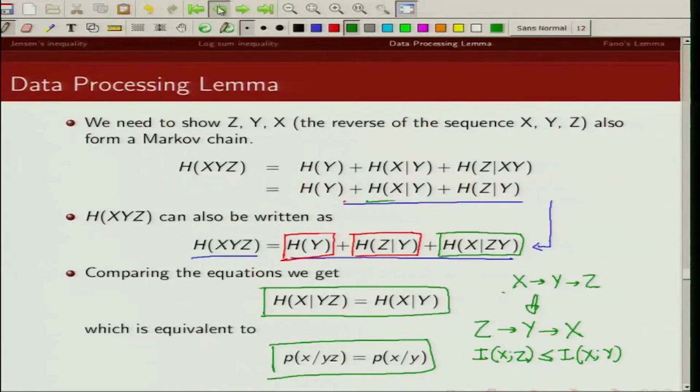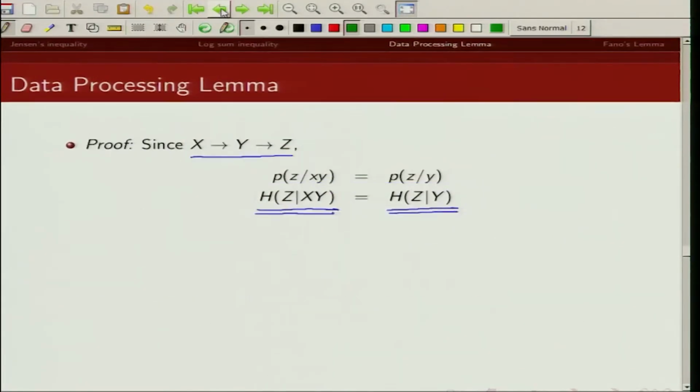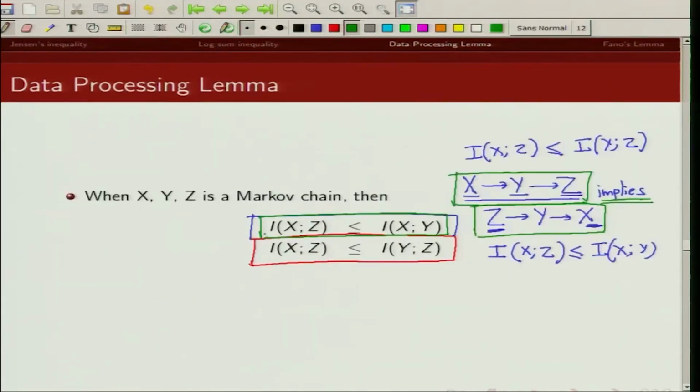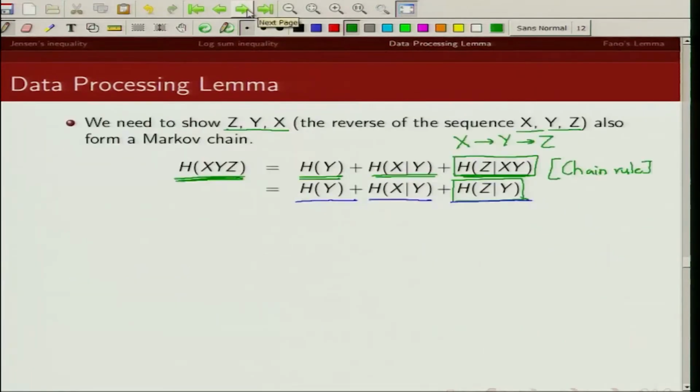This proves our second result, that mutual information between x and z is less than mutual information between x and y. So this is our data processing lemma.